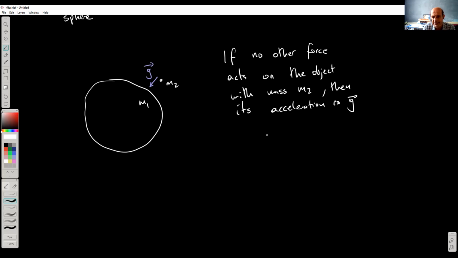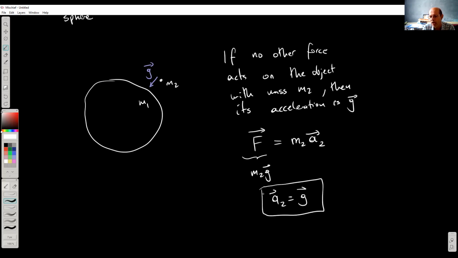So we have this thing in here. The force applied on M2 is equal to its mass times its acceleration, so let me call this A2. We know that the force is equal to M2 times G, and the masses cancel, so A2 is equal to G, okay?